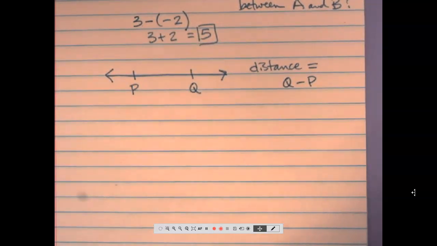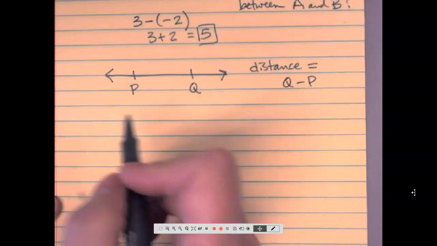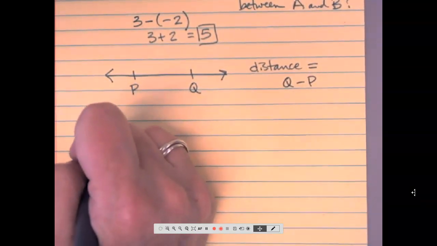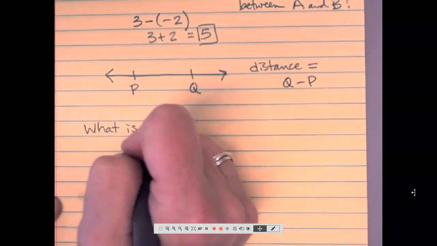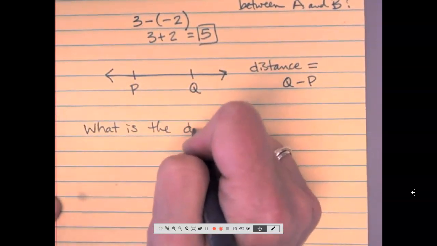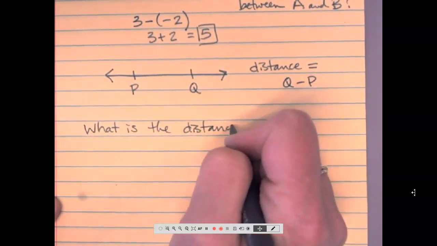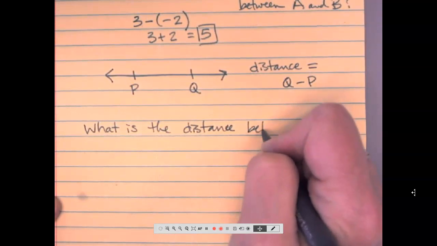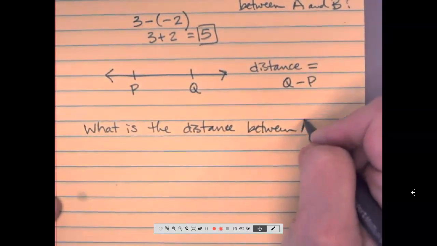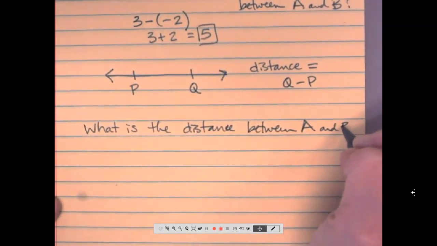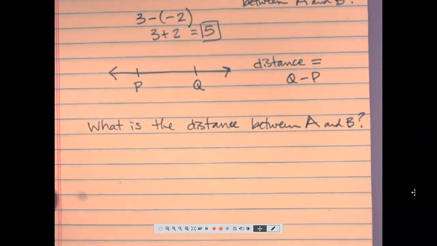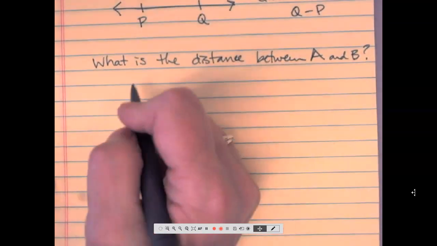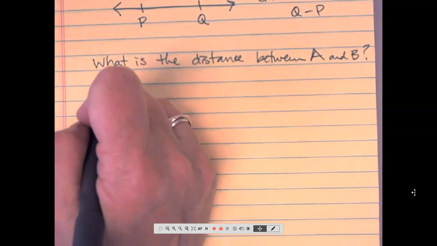All right, so now let's take it to a two-dimensional graph. I want you to find the distance between A and B. But this is where my points are.